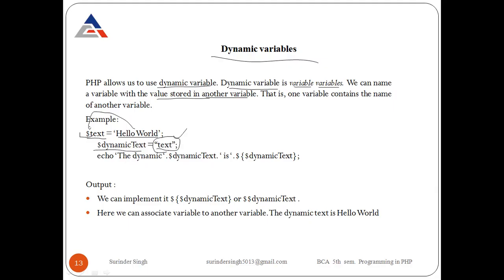And this variable is a dynamic variable named dynamic text. We can access this variable by using the dynamic text variable, clear. One variable contains the name of another variable, clear.